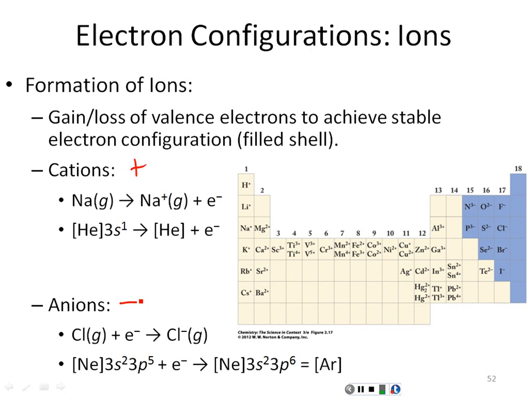If you look at the periodic table, atoms on this side are more likely to lose electrons, because then they become a similar configuration to a noble gas. They have filled shells. And in a similar fashion, elements on this side are more likely to gain electrons, because then they give a noble gas configuration.